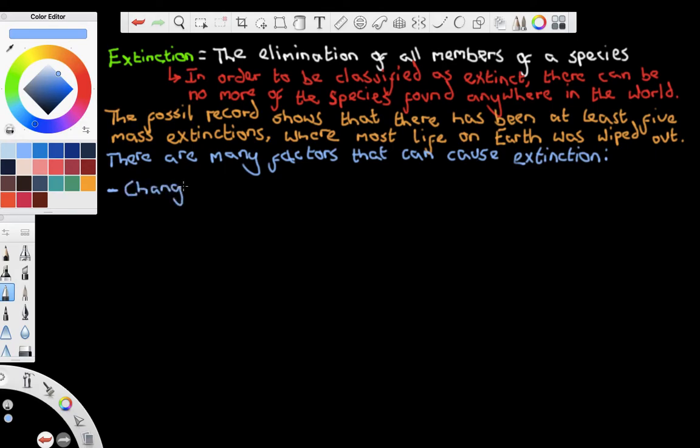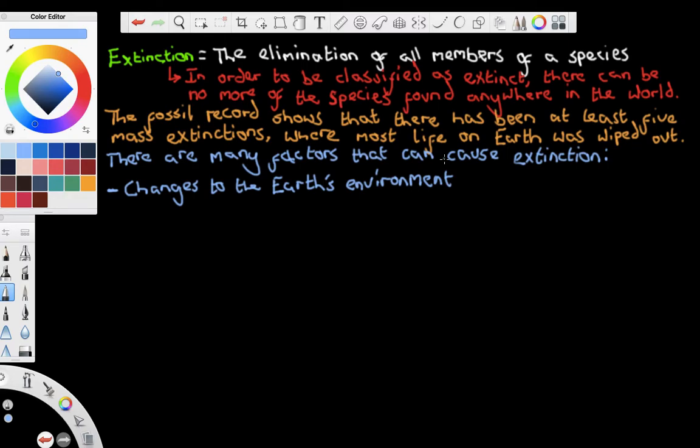Changes to the Earth's environment. Now, this can include warming or cooling of the Earth, such as global warming, changes of the seasons, changes in the ocean's currents, and the moving of continents.